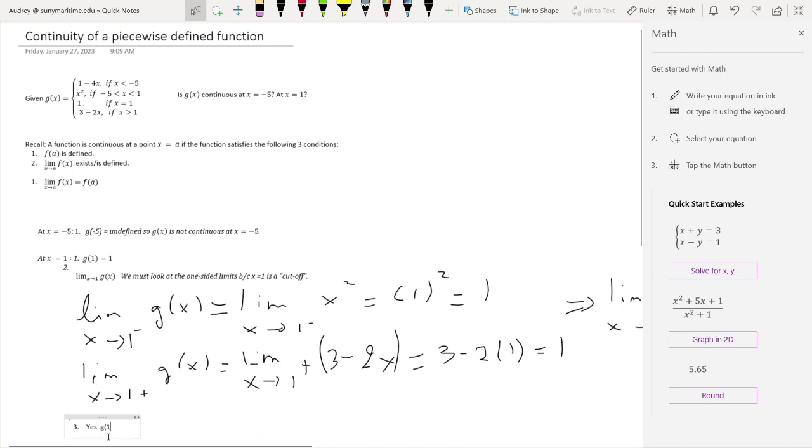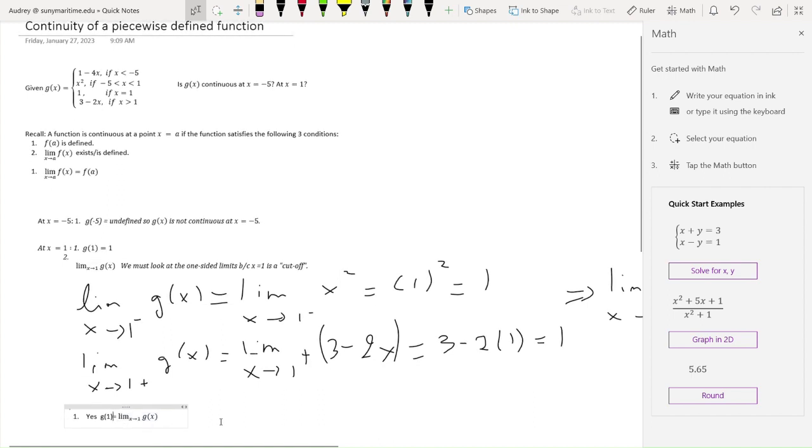So here g of 1 equals the limit as x approaches 1. So in conclusion, that means that the function g of x is continuous at x equals 1.